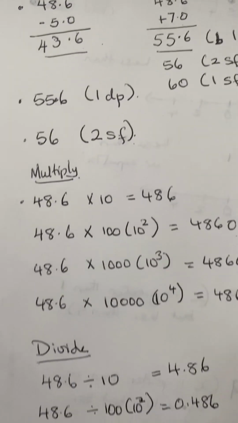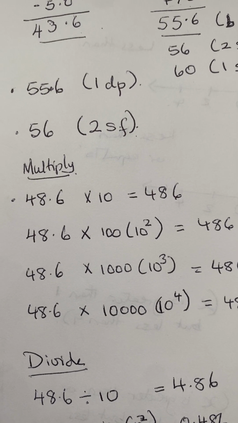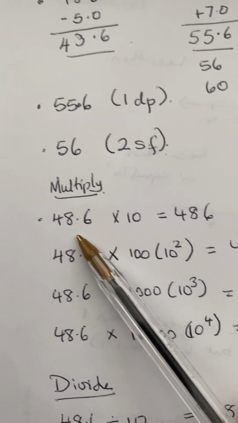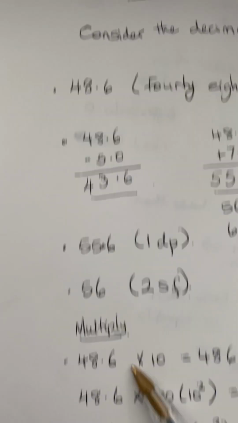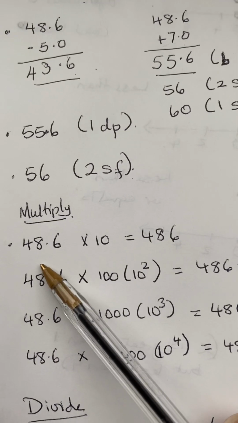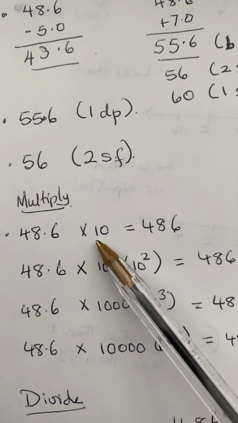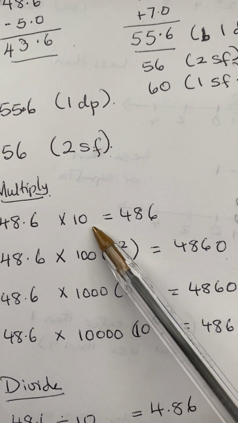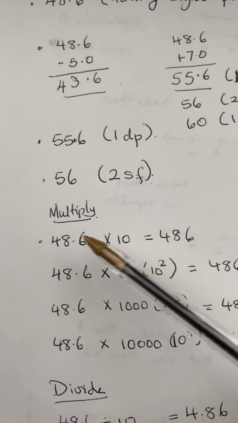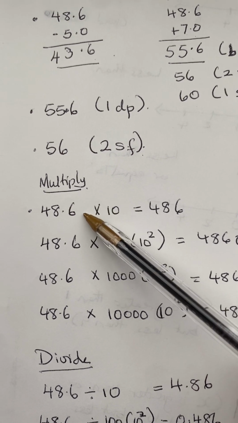Now let's look at some multiplication of powers of 10 and standard form. We started the lesson with 48.6. So 48.6 times 10 equals 486, because we are going to move the decimal one place forward.